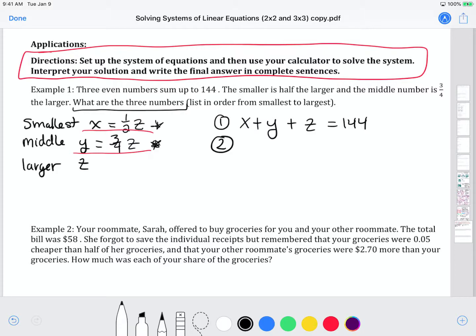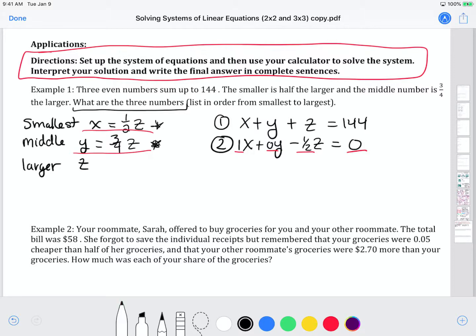So when I subtract 1/2 z from both sides, I'm going to get x minus 1/2 z is equal to 0. Now, so that we don't make a mistake when we enter this in on the calculator, I'm actually going to put in here that I have 0y. So I remember that my coefficient for y here is 0. I don't have any y's here. My coefficient for x is 1, my coefficient for y is 0, and my coefficient for z is -1/2, and then here is my constant.